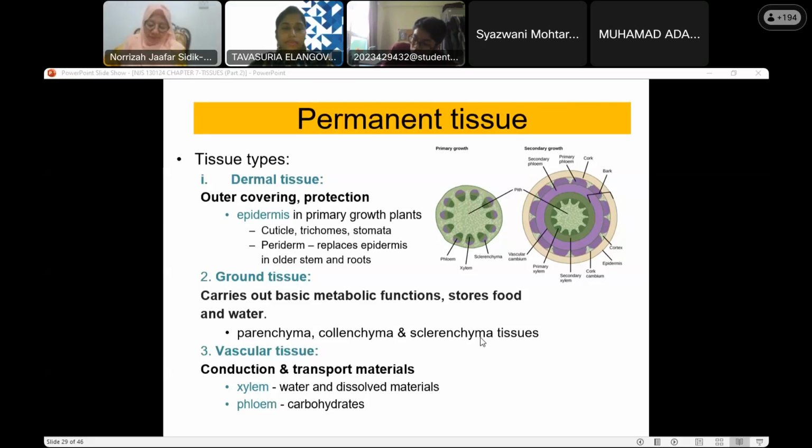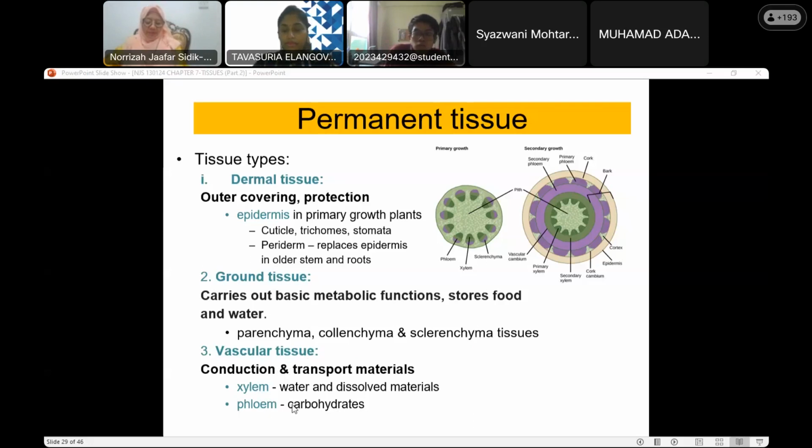Okay, and then the last one is the vascular tissue, responsible for the transport of water, nutrients, and also the sugars throughout the plants. It has two main types of tissue, xylem and phloem.